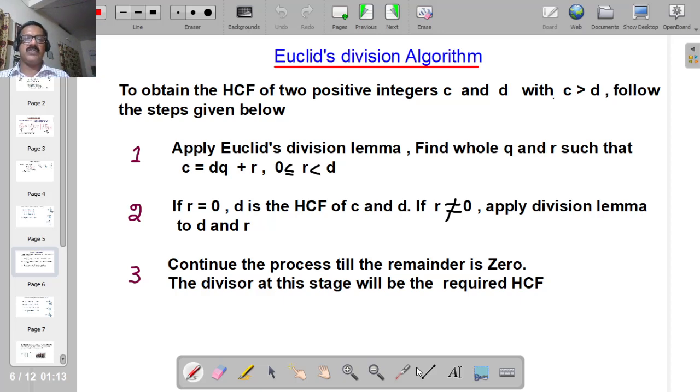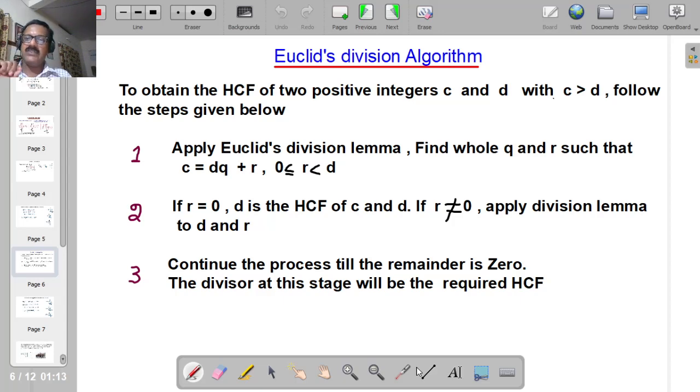If we get the remainder equal to 0, then d is the HCF of c and d. Suppose r is not equal to 0, then apply the division lemma to d and r.